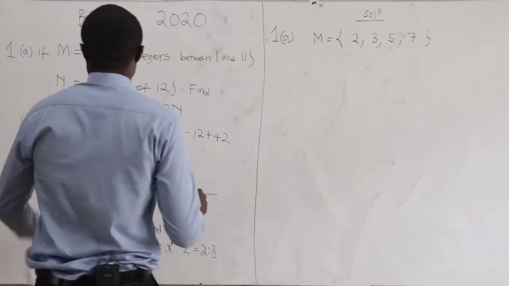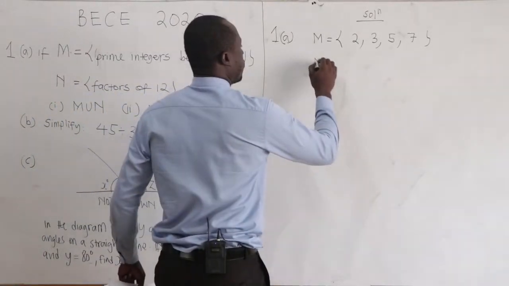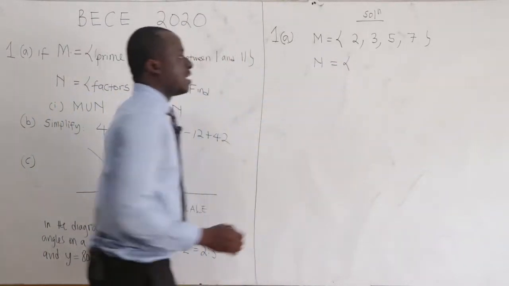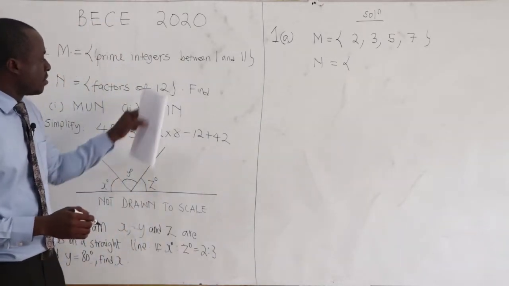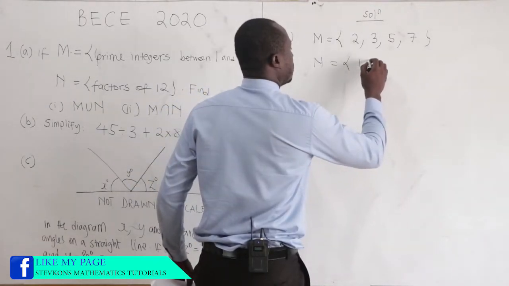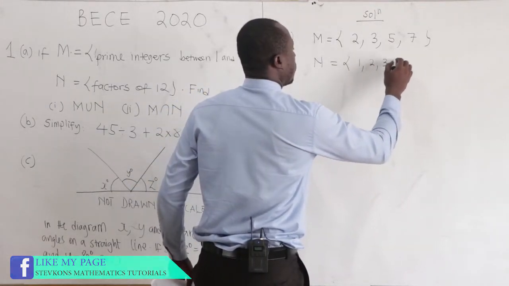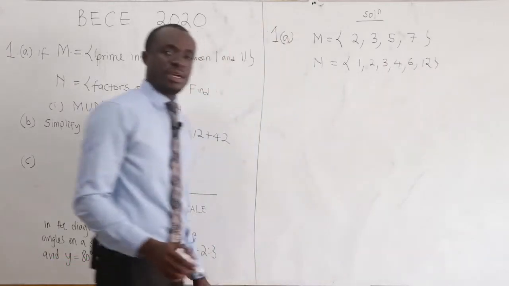So now the other one, N, factors of 12. Factors are numbers that can divide a number exactly without any remainder. So we have factors of 12, that is 1, 2, 3, 4, 6, and then 12 itself.